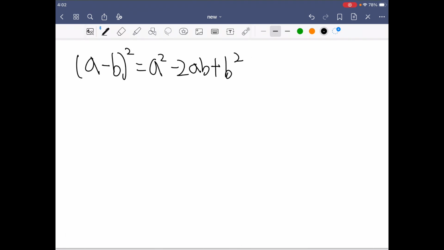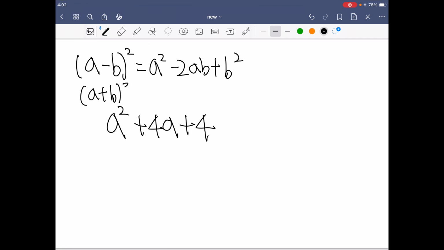For example, a squared plus 4a plus 4. It is really important to get used to many formats so you can factorize these expressions. So we know a plus b squared equals a squared plus 2ab plus b squared.